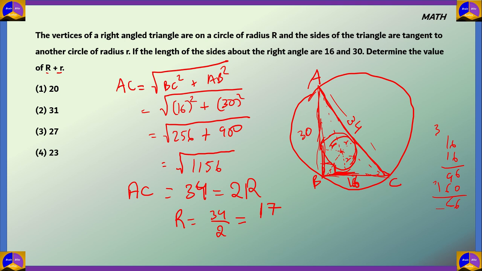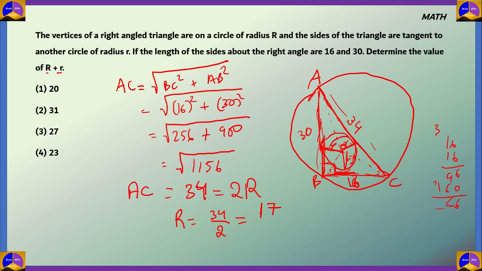Now we need to find r. By the theorem, this r would be perpendicular to the tangent. So here we can say that r is perpendicular to AB, this r is perpendicular to AC, and this r is perpendicular to 16, I mean BC.